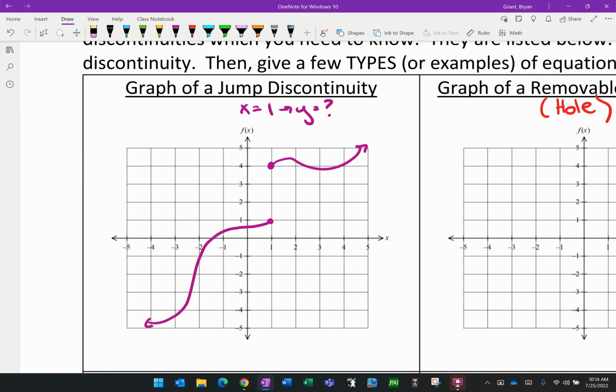But then that wouldn't be a function. A function can only have one output for every input. So what I'm going to do is change this to an open circle, and we'd be good. You could, of course, make this one an open circle and the other one a closed circle if you'd like. It doesn't matter. You're making up your own graph, but only one closed circle for each x value. So, jump discontinuity at x equals 1.